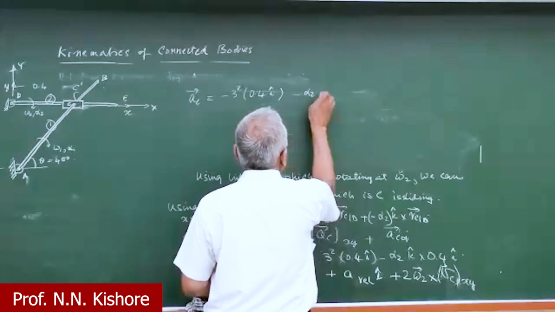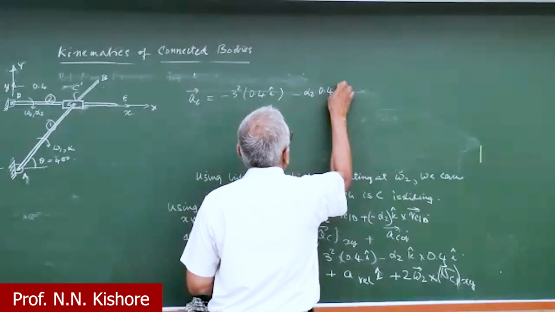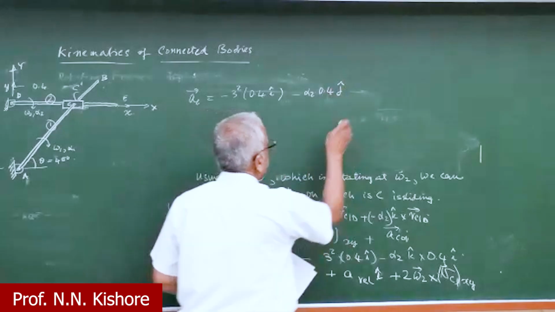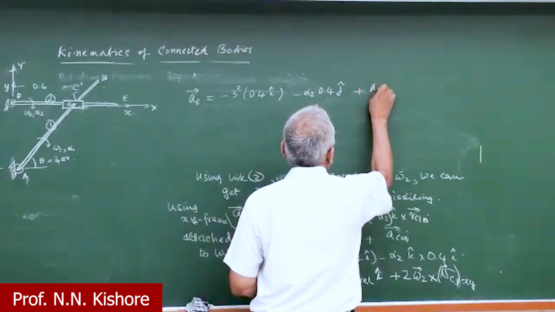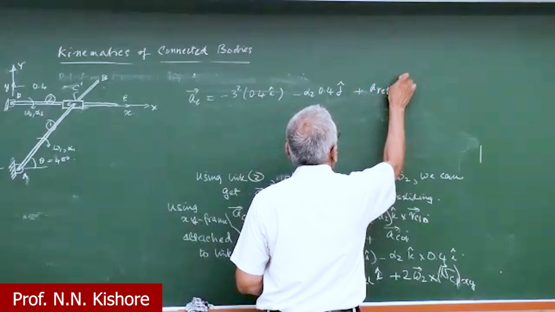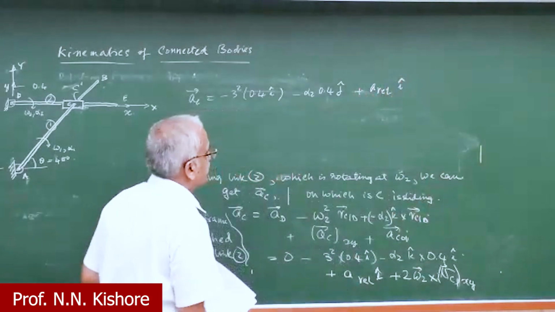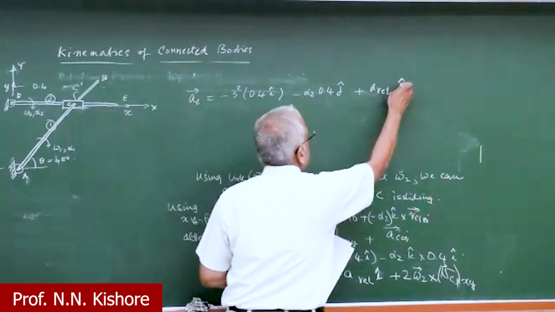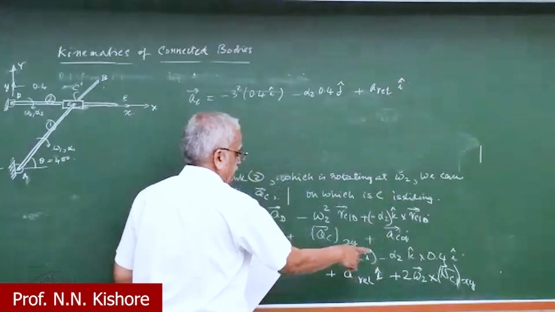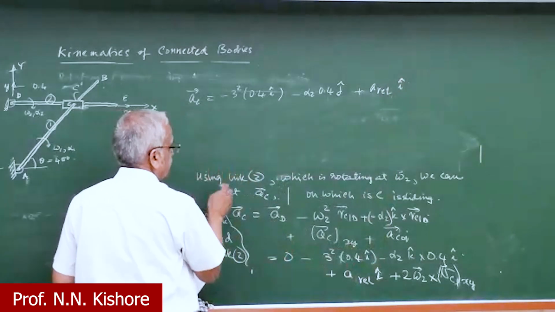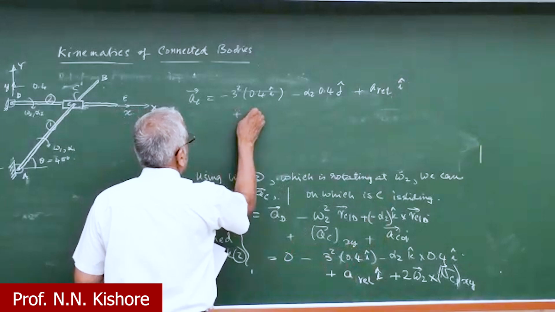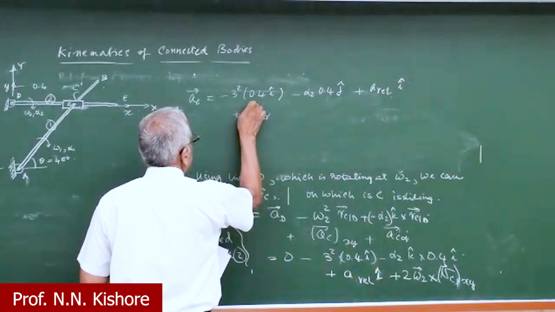K cross I is 0.4 J. And rel is, we are assuming it to be in the positive direction towards right. And this Coriolis is the one, I'll put it as Coriolis here.